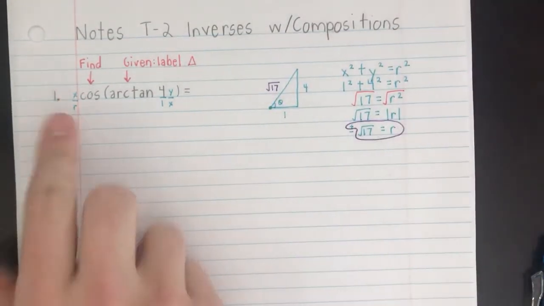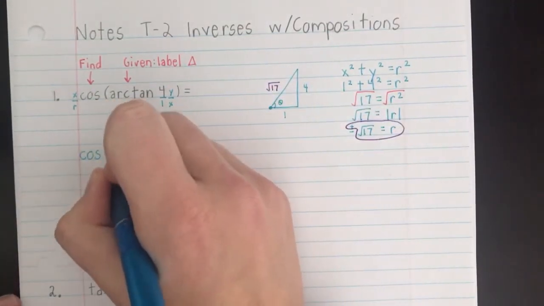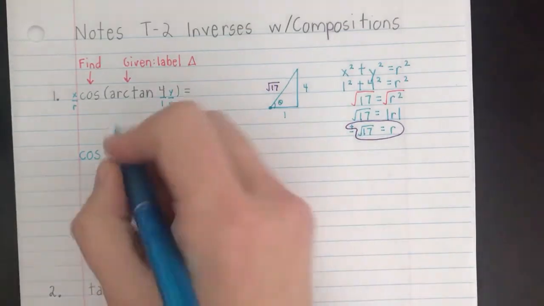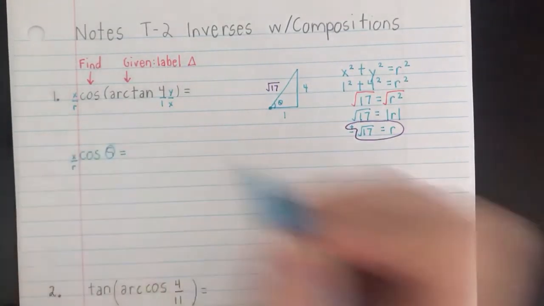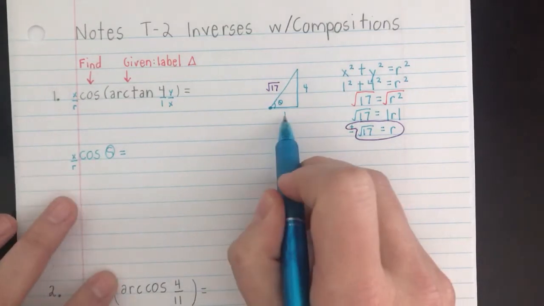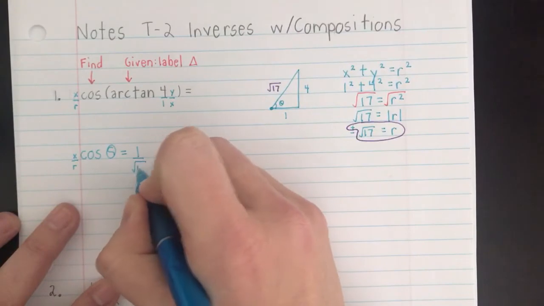All right, so now we have all we need to find cosine. So cosine of theta is equal to, as we already stated, x over r. So our x value is 1, and our r value is square root of 17.